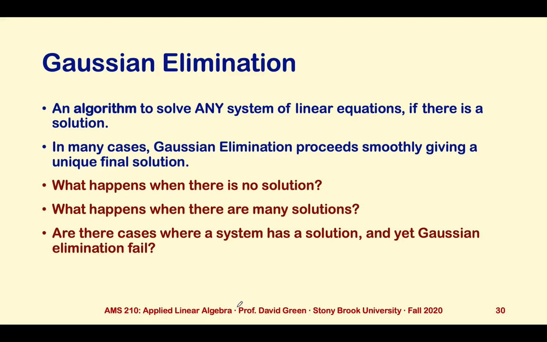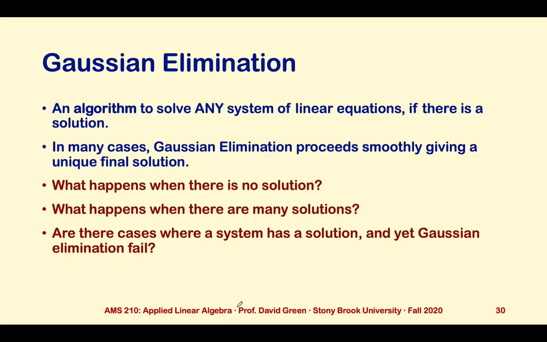In many, many cases, the procedure of Gaussian elimination that I just outlined proceeds very smoothly, giving a unique final solution. But we know from our discussion in an earlier video that some linear systems don't have a solution. We know that some linear systems have many solutions. What happens with Gaussian elimination in those contexts?